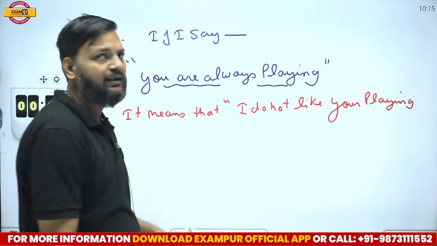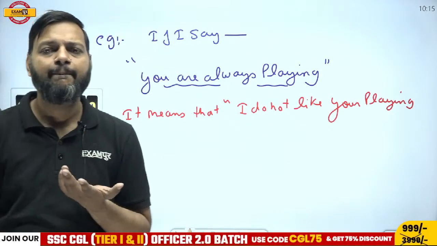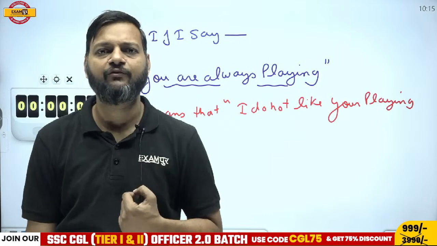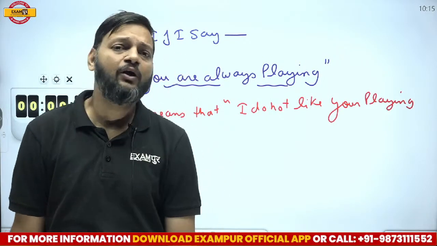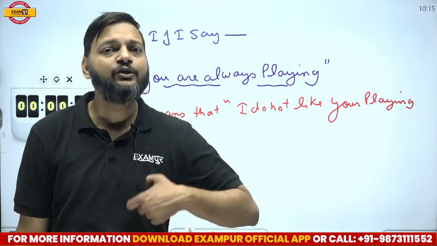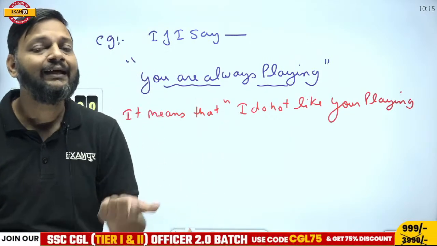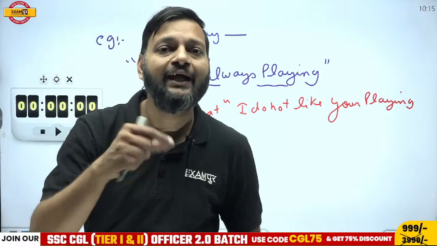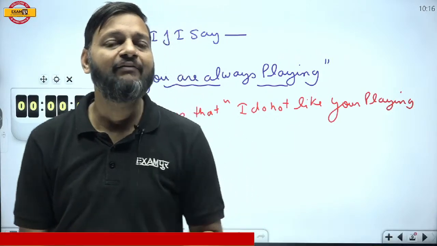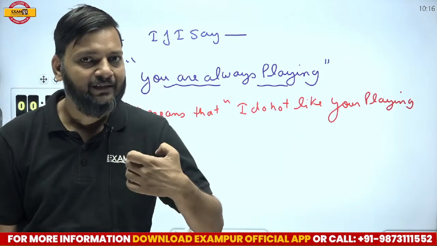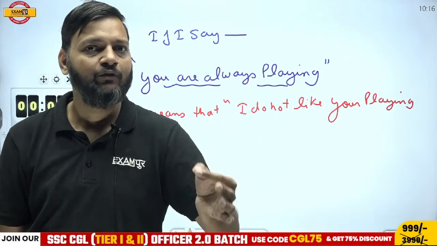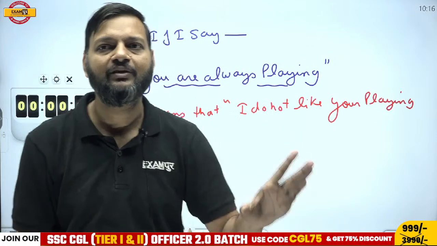When I do not like something, I use always in continuous tense. For example, I say you are always singing. So when I say you are always singing, it means that I do not like your singing. So whenever we dislike someone doing something, we use always in continuous tense.